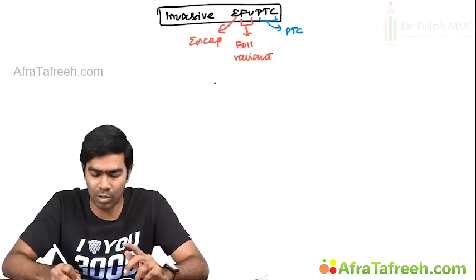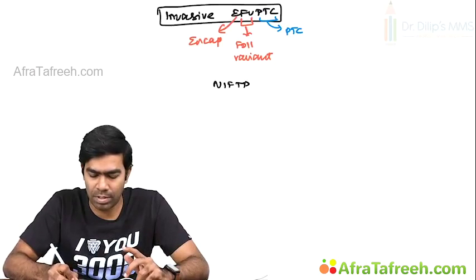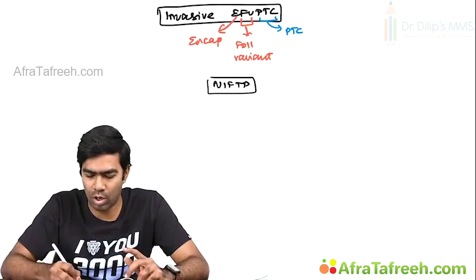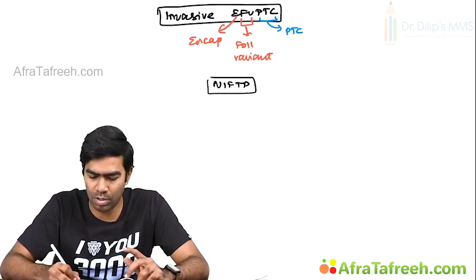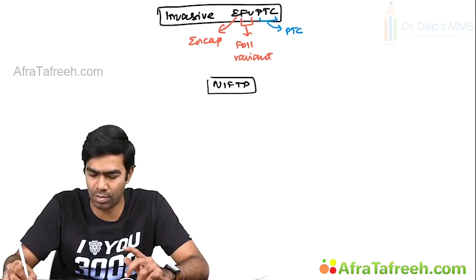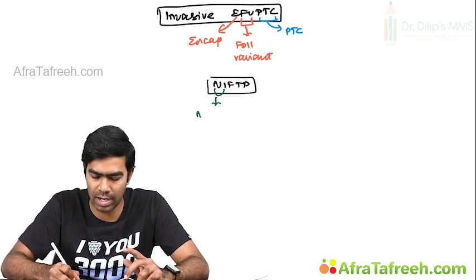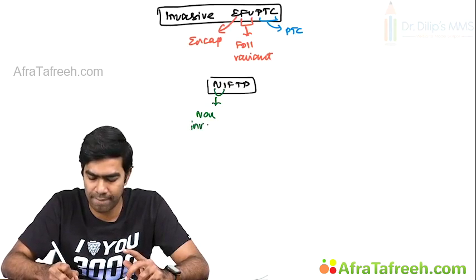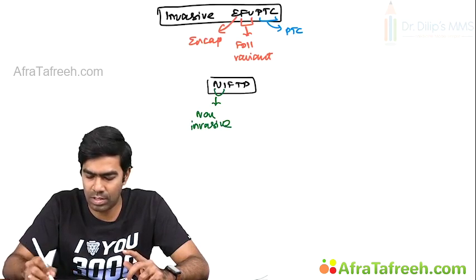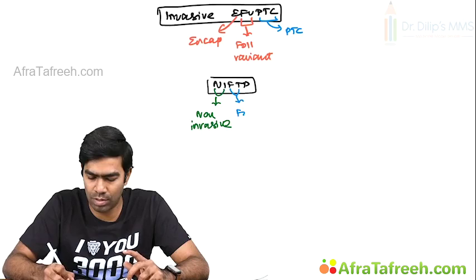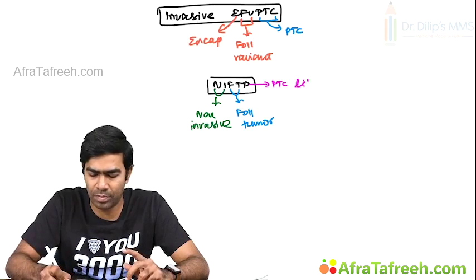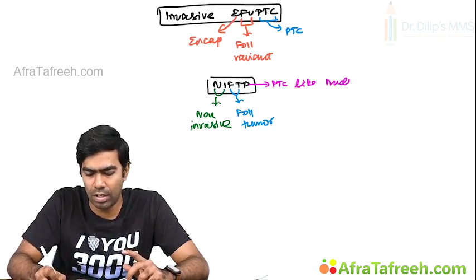And there is another variant called NIFTP. This is called a non-invasive follicular tumor with PTC-like nuclear features. So first break it down. NI, that's non-invasive. FT stands for follicular tumor. And P finally stands for with PTC-like nuclear features.